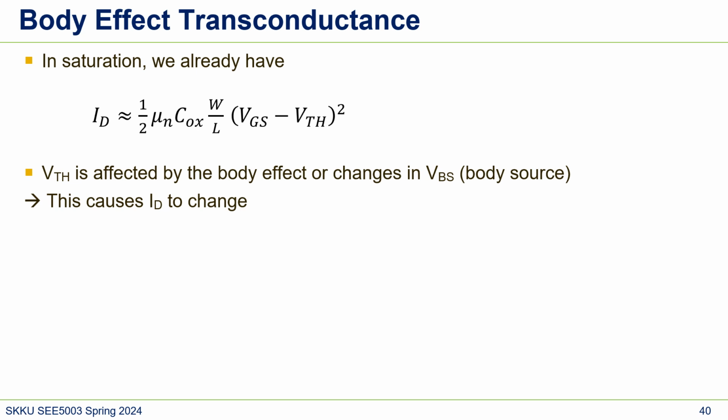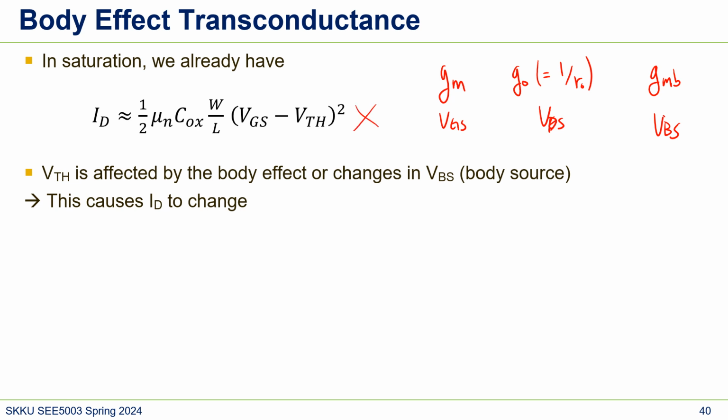The third one, as I said, we learned about GM, which is related to VGS. And then we also learned about GO, which is equal to 1 over RO, output resistance, which is a function of VDS. And now we have another thing, GMB, which is a function of VBS. In saturation, let's just ignore channel length modulation here.